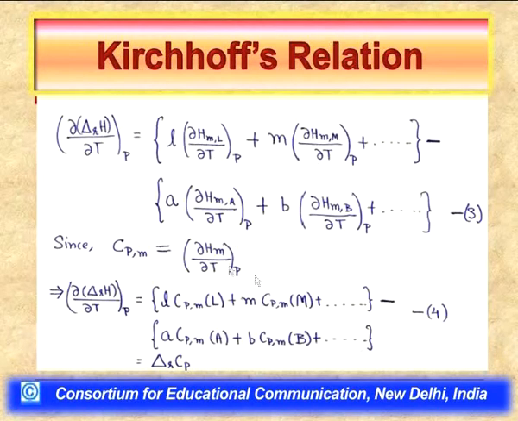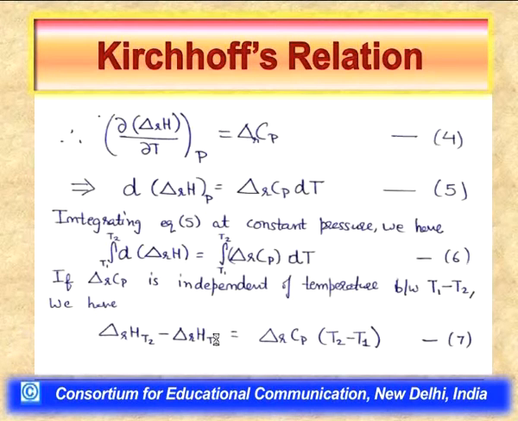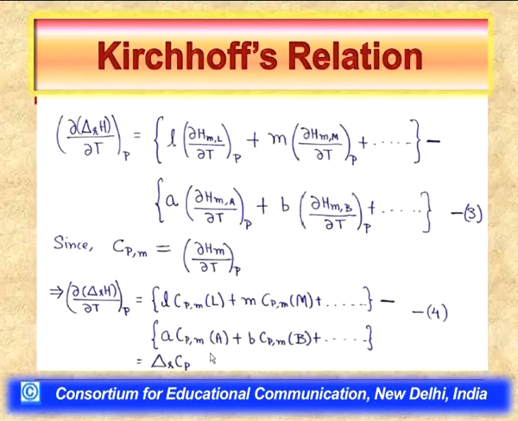Since this holds true, our equation 3 transforms to equation 4, in which small l times C_p,m, the molar heat capacity of species L, plus small m times the molar heat capacity of species M, and so on. We take the sum of all these heat capacity terms of the products, from which we subtract the sum of molar heat capacity terms of all the reactant species, and ultimately what we get is delta r C_p, the difference of heat capacities of products and reactants.